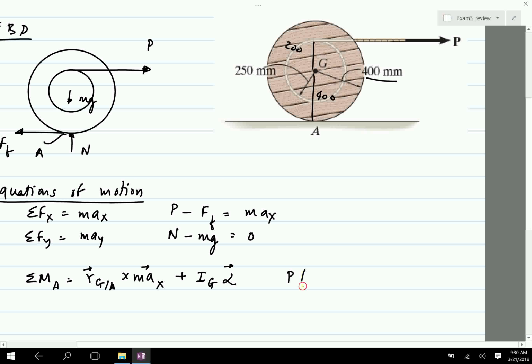So P times 0.6 because I want it in meters. Is the moment about A clockwise or counterclockwise? What's the sign on this? Oh, my bad, 250 plus, good point, 250, so it's going to be 650. Okay, thanks. What's the sign on this, positive or negative? Negative, because the moment about A is going to make the thing turn clockwise.